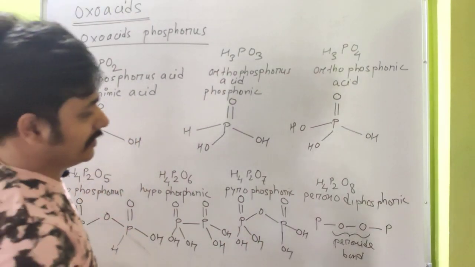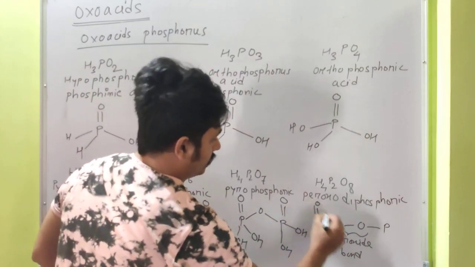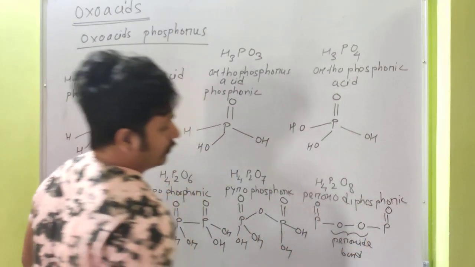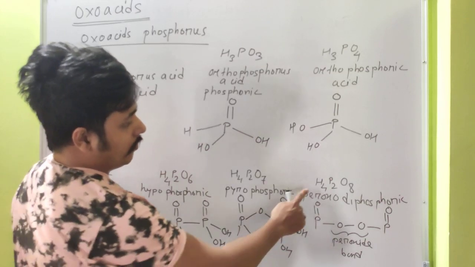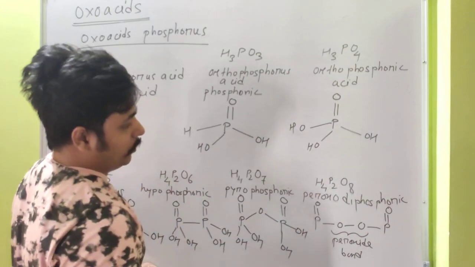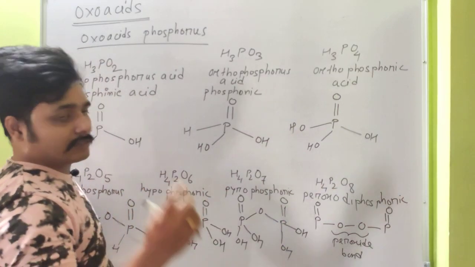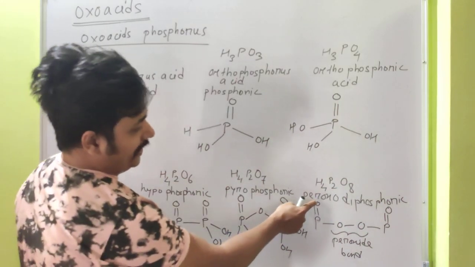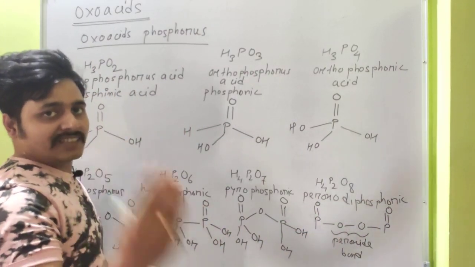Okay. Next, in these structures, double bonded oxygen. Now H4 and oxygen 4. Already we have placed 4 oxygen, so we are left with 4 oxygen atoms.